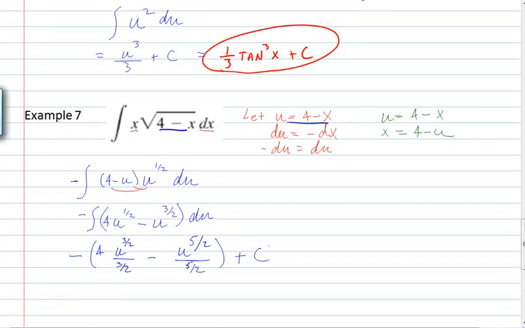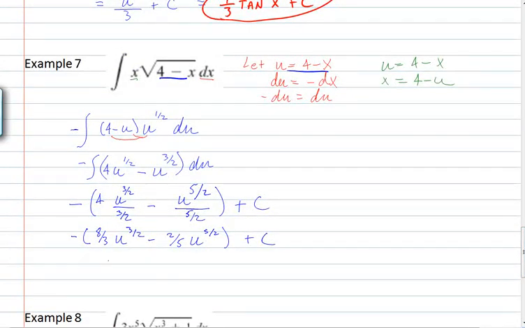Well, I got to clean all this up because it looks really bad. So this is going to be negative 4 times 2/3 is 8/3 u to the 3/2 minus 2/5 u to the 5/2 plus c. Well, if I distribute that negative across subtraction, won't I get, yeah, well, I'll get 2/5 u to the 5/2 minus 8/3 u to the 3/2 plus c.